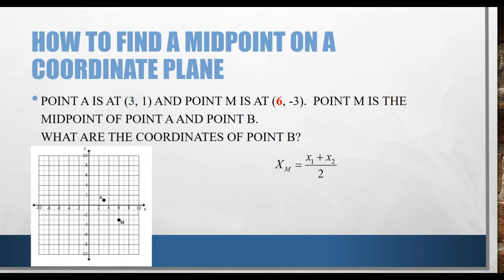My x1 is 3, but what we're looking for is the other x coordinate, the other x2. The 6 that they're giving us is actually the midpoint, or it's coming from the midpoint. So we need to solve this particular equation.